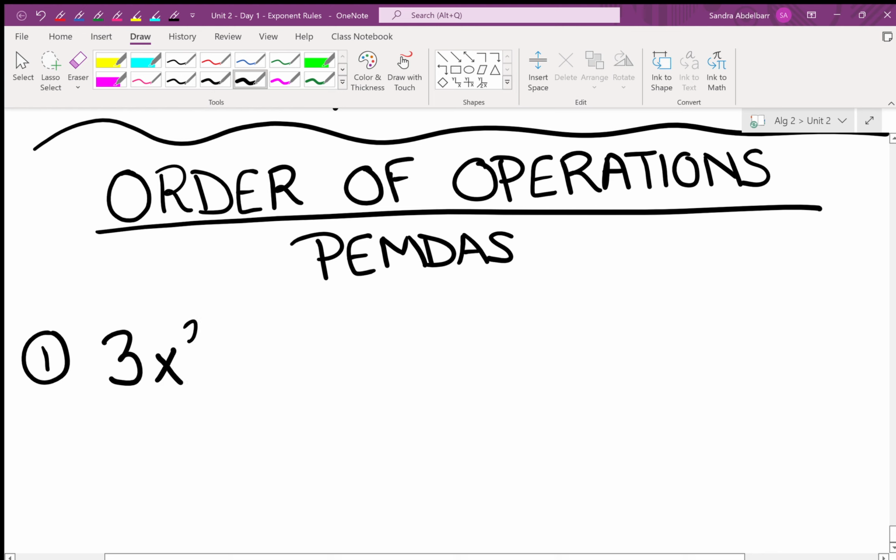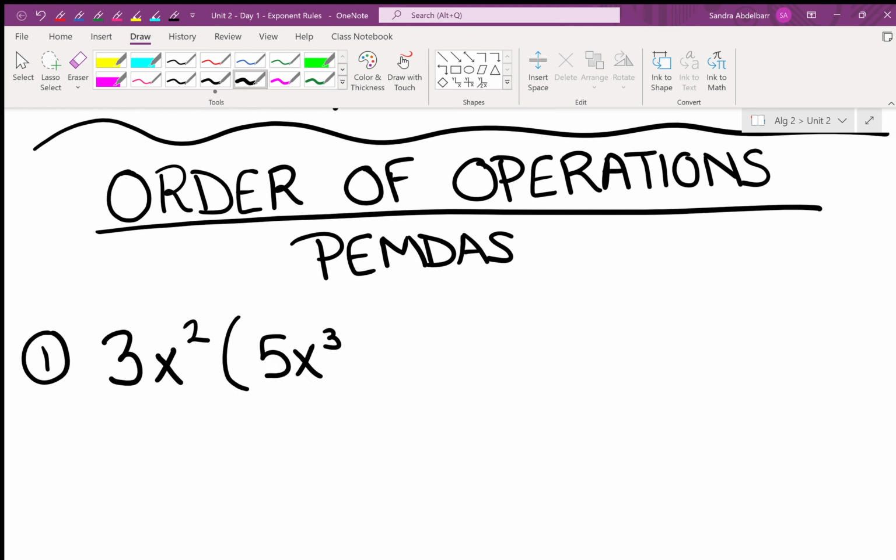So let's say I have 3x squared times 5x to the third raised to the second power. So now in this problem, I have multiplication and I have exponents. Which one do I have to simplify first according to PEMDAS? Exponents.